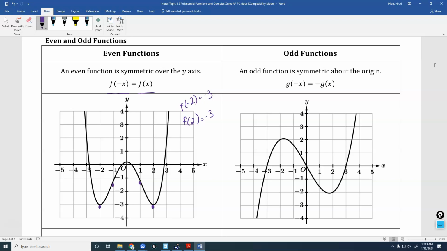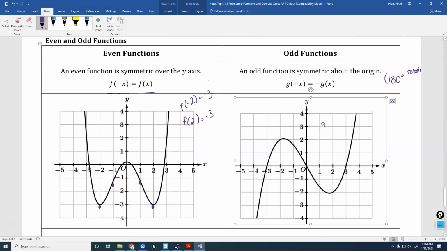But what I have resorted to here, origin symmetry is the same as a 180 degree rotation. I'm going to need to not use this Word document. I guess that's the problem. So, for example, I can do this up here.